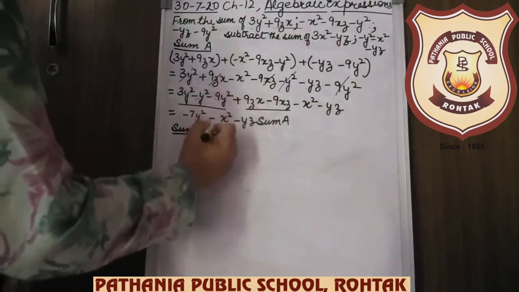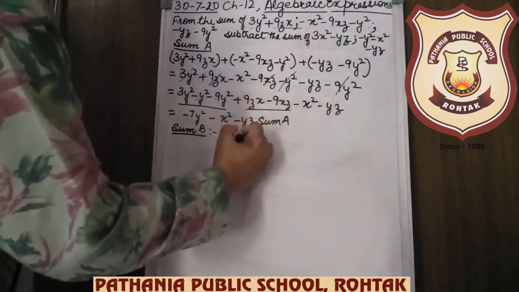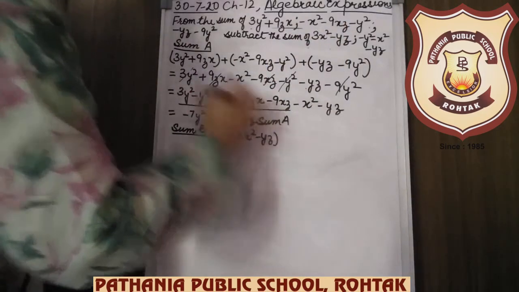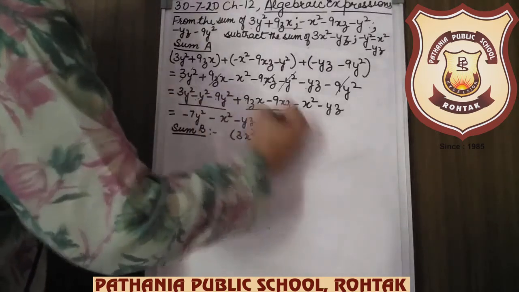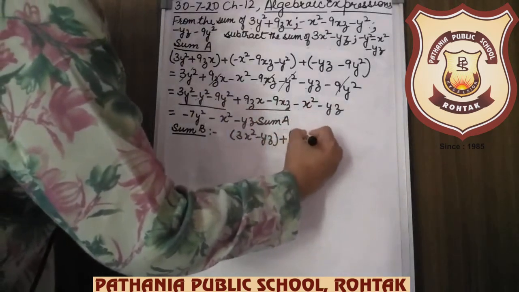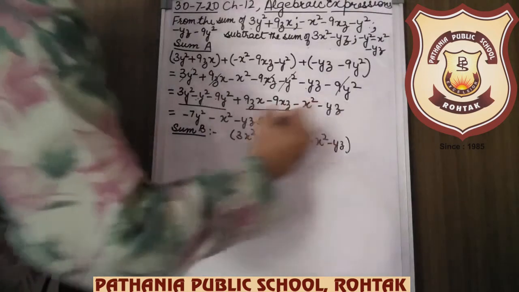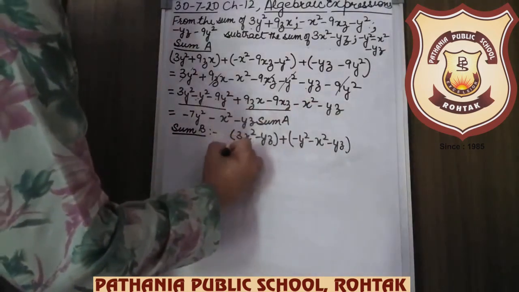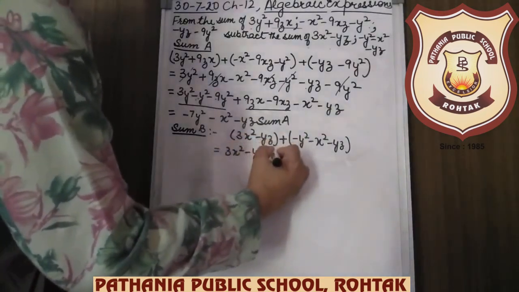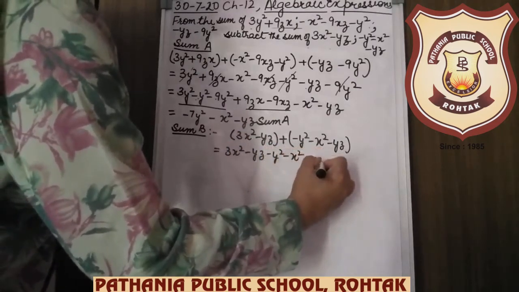What are the two terms? I am writing here because of the lack of space. 3x square minus yz is the first expression. As you have to add, sum means addition, minus y square minus x square minus yz. Now open the brackets. 3x square minus yz and minus y square minus x square minus yz.